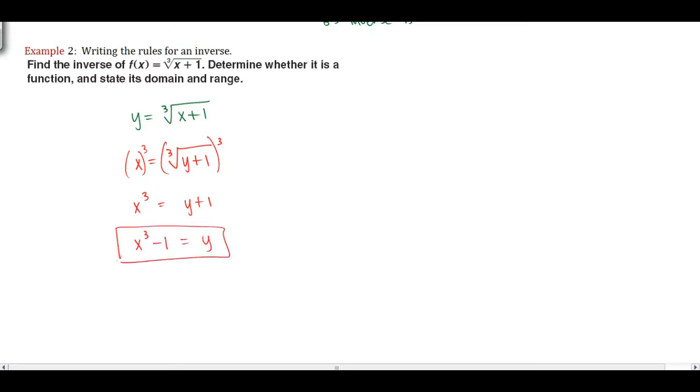That is our inverse. Now if we know what the graph looks like, which I think we do, right? Looking back at the original one, that's a cube root graph and it is going to be left 1 unit. So you should have something that looks like this on a cube root graph. And then the inverse now is a cubic graph that is down 1 unit, and it should look something like this.